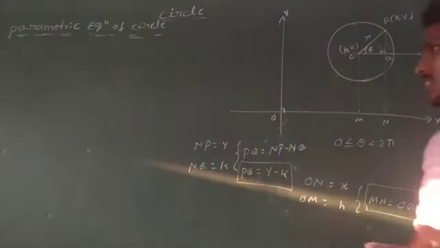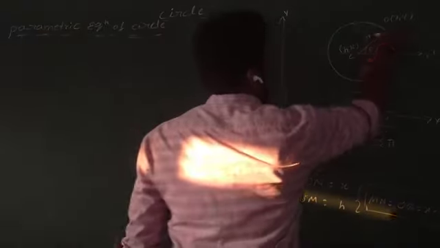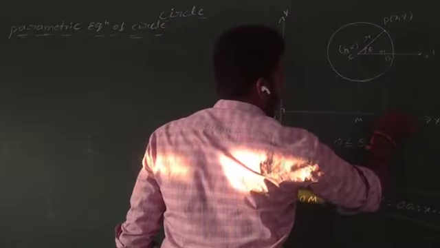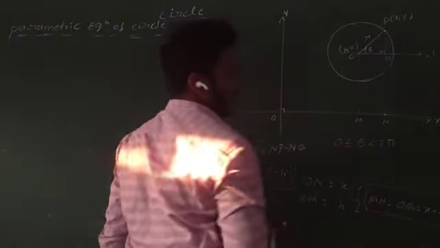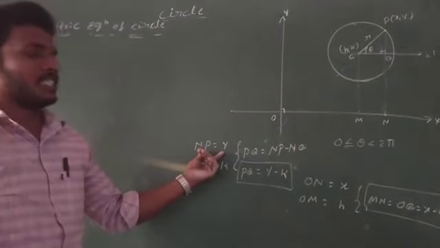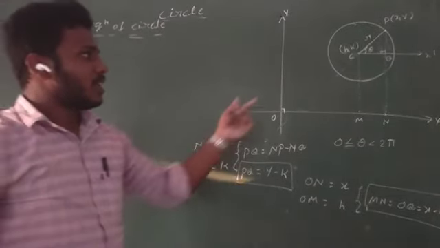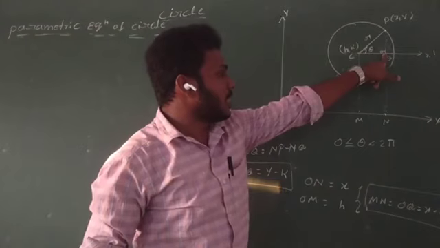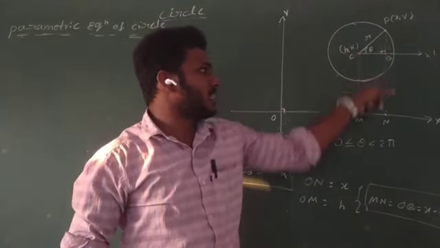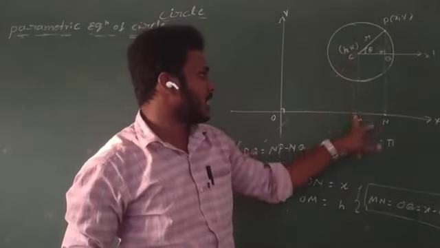So how? Just look here. From point P, N is the perpendicular distance to the x axis, so NP is nothing but the y distance. NQ is equal to the k distance. Why? Because these two lines are parallel, the distance between them is constant.